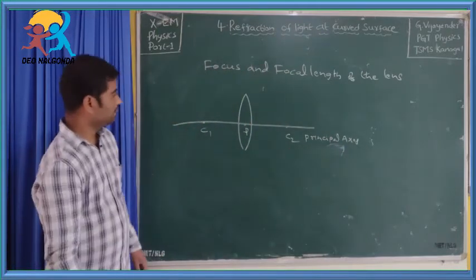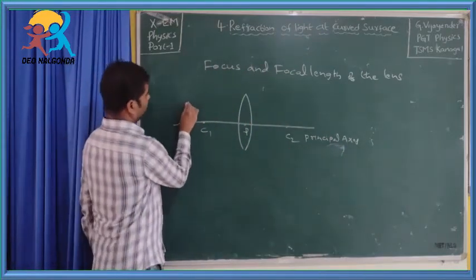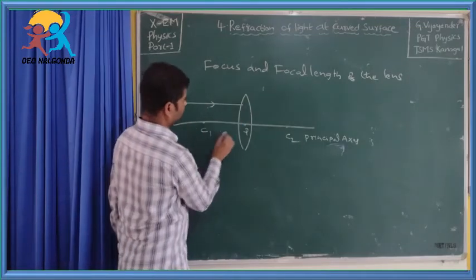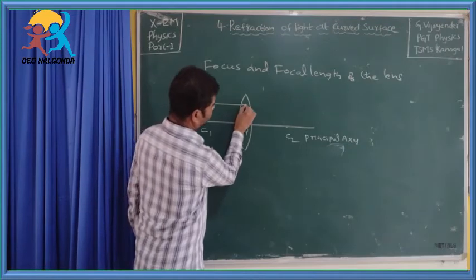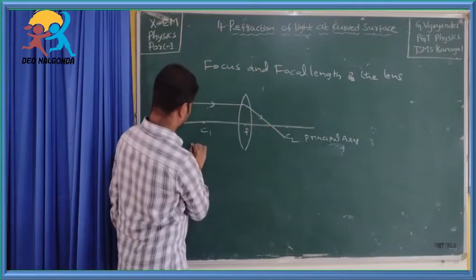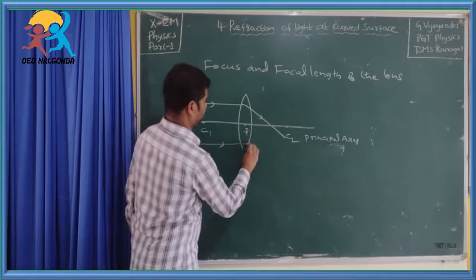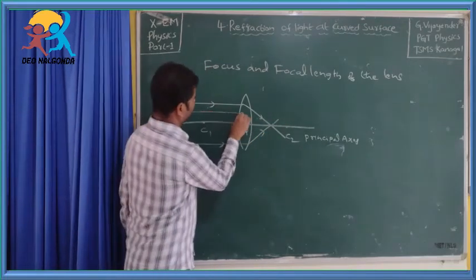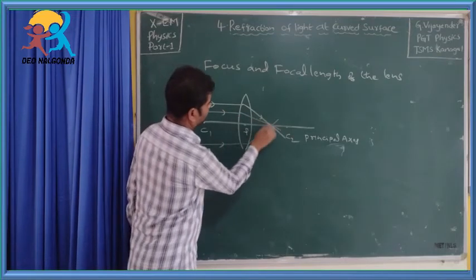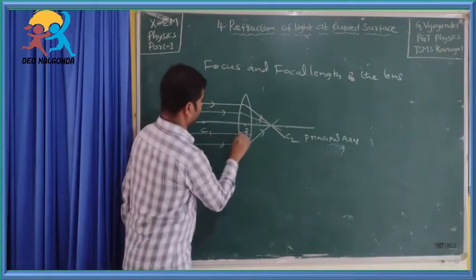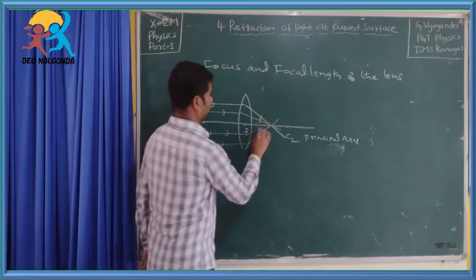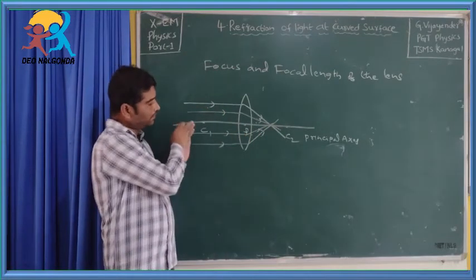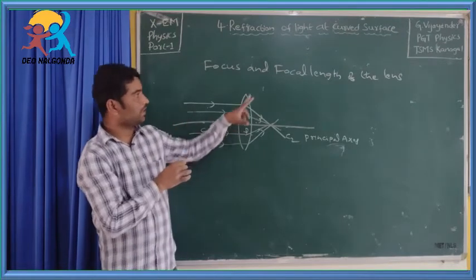If the incident ray is parallel to the principal axis, this is the incident ray and this is the refracted ray.